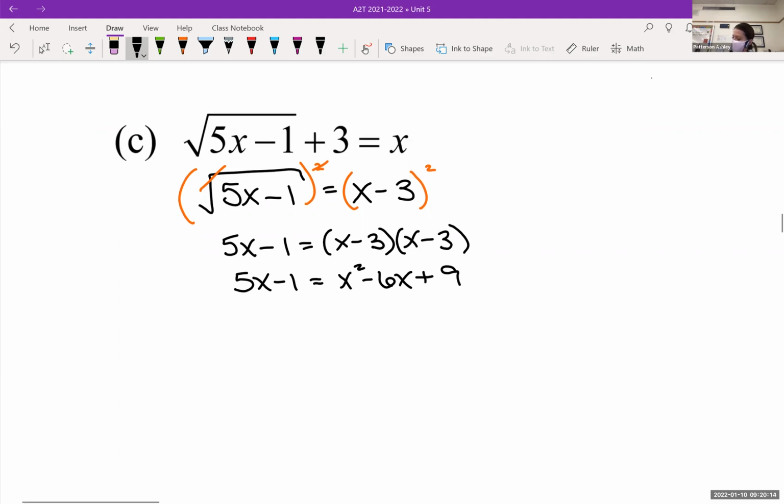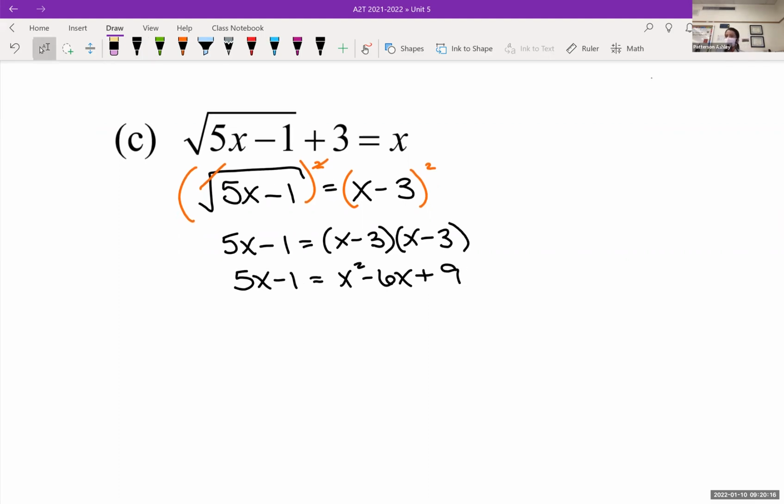All right, so a couple things to think of so far. First, we had to isolate the radical because there was a variable underneath the square root. Second, we squared both sides to get rid of the square root so we could possibly solve for x, and we had to multiply the quantity by itself.